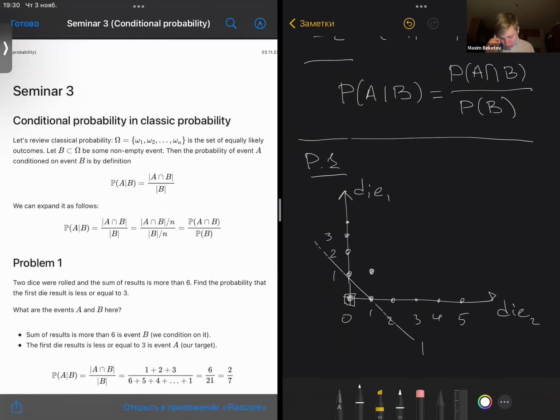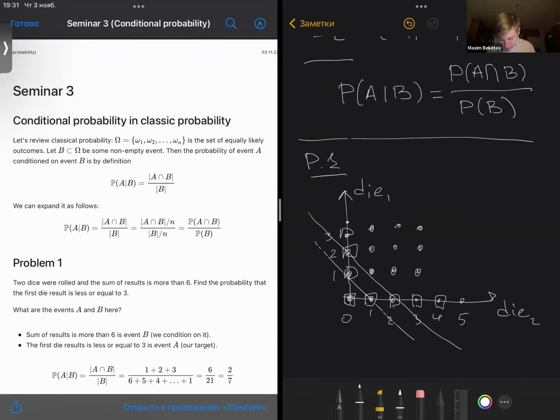You cannot roll a 0. So the only points that are the true outcomes are here, right? Those that I have drawn on the axis never happen.